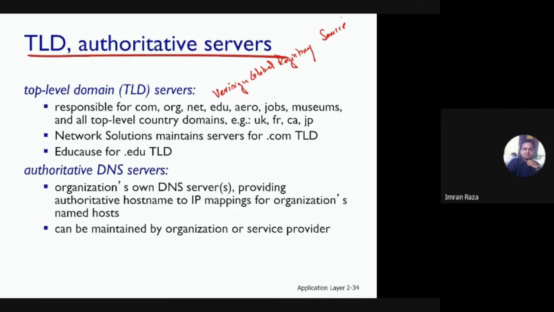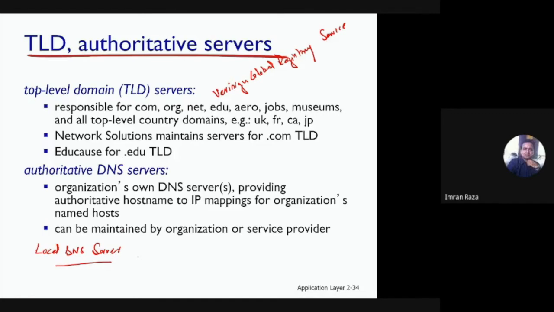And then we also have, it's not listed here, the local DNS server. Within the organization, we have division into different departments, and there are different hosts that are accessible. So we can have local DNS servers as well in this hierarchy, so that we can access that specific machine.